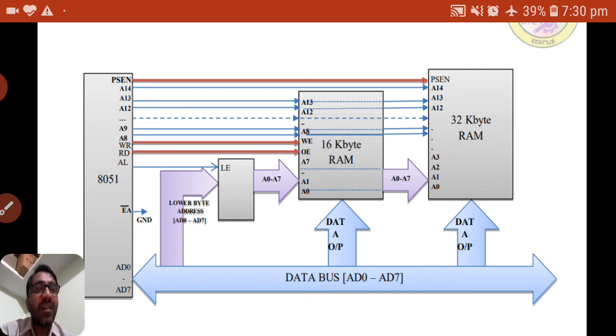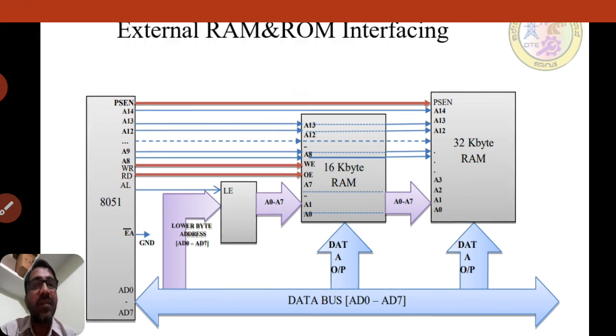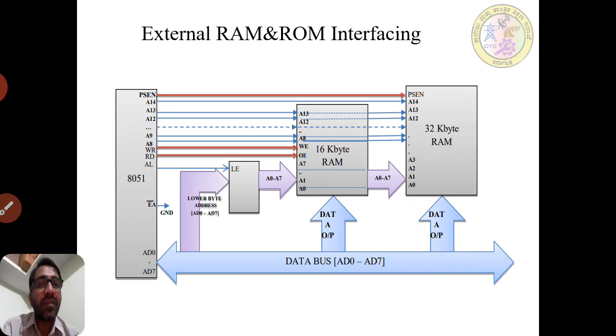We have also seen the different architectures like CISC and RISC, and Von Neumann and Harvard architectures. And the last topic, external memory interfacing with the 8051. All these things we have covered in the first module.